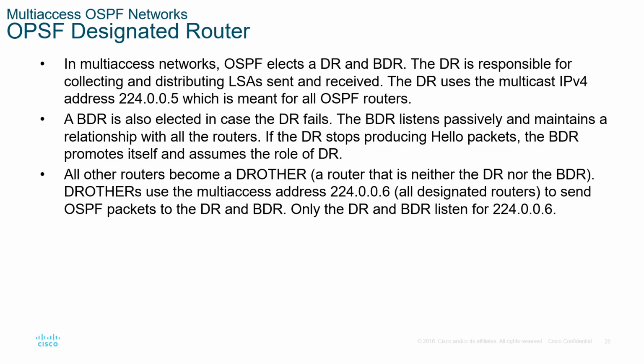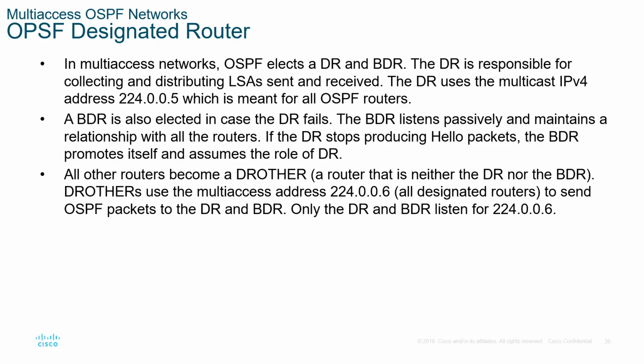So every time a router needs information to be propagated in the OSPF domain, it will send to the multicast address 224.0.0.6. And every time the DR or the BDR needs to propagate this information to the other routers, it will use the multicast address 224.0.0.5. But wouldn't the BDR be on that 0.0.5 address as well? No, it's on the 6.